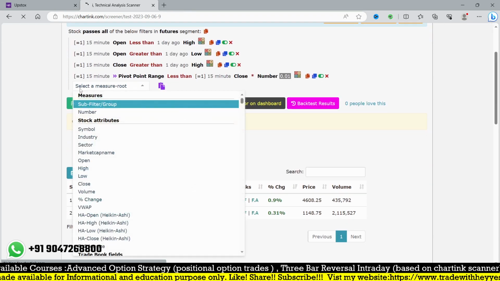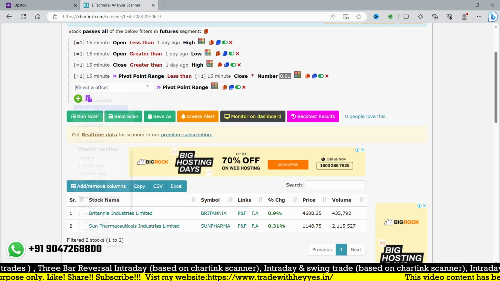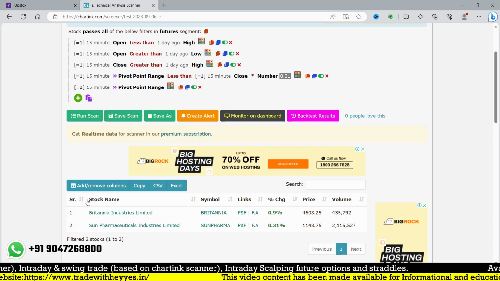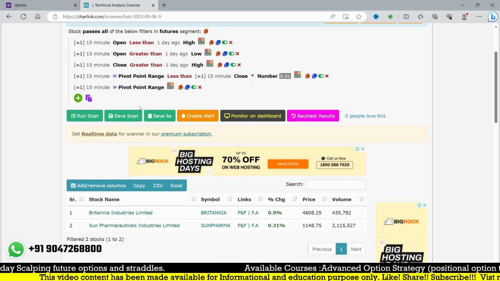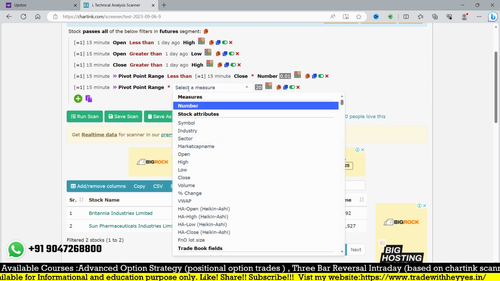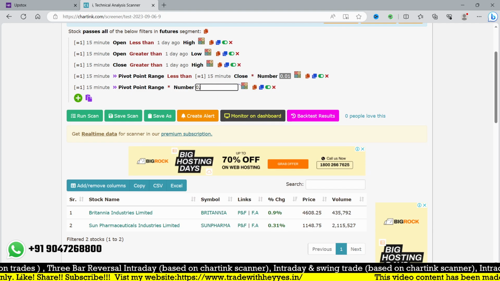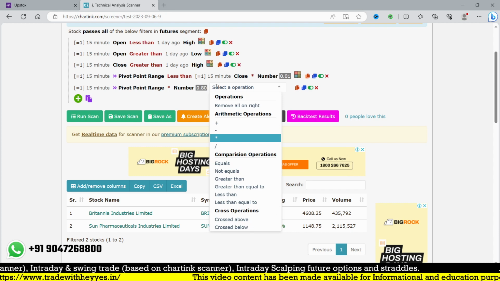So I can add the pivot range 15 minutes, I'm looking for the first candle, sorry, it should be the first candle and must be multiplied by 0.8, and that should be compared with the candle body.